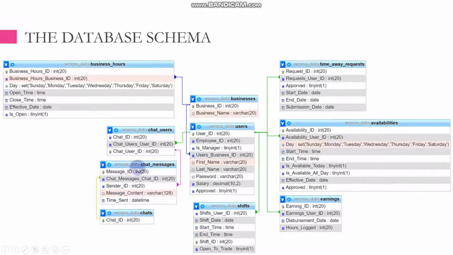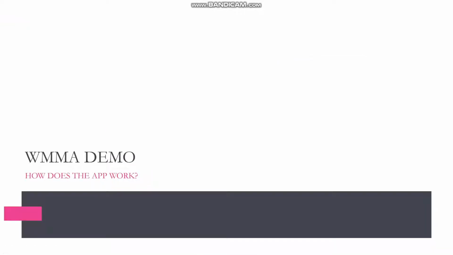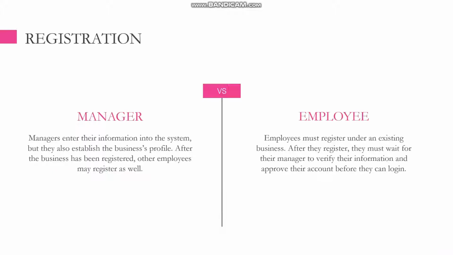Finally, every chat has an array of chat messages that are tracked based on the sender and then the chat ID. So overall, the core of this schema is going to be the businesses and users tables. So now we're going to jump into the WMMA demo and kind of demonstrate how the app works and what goes on behind the scenes.